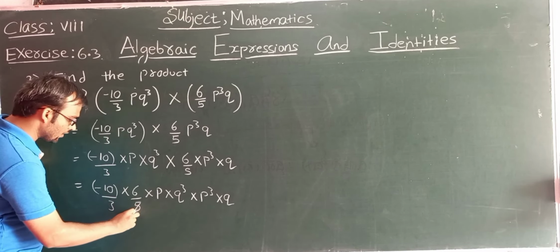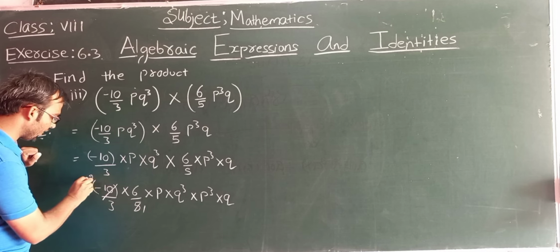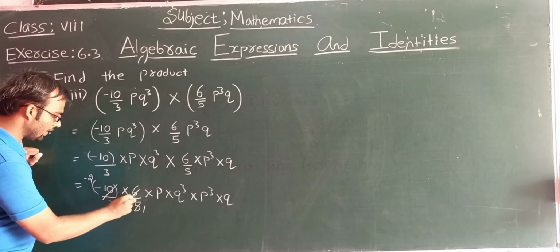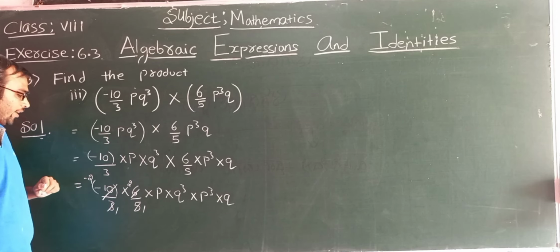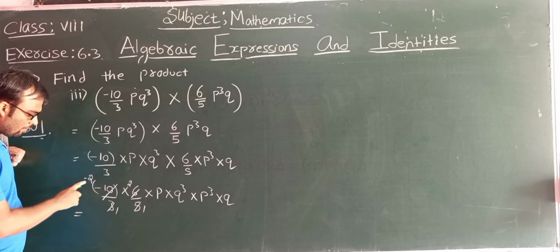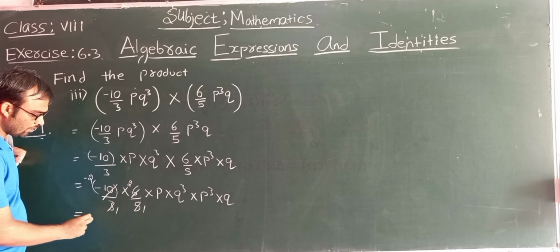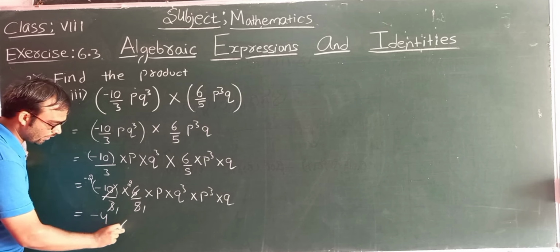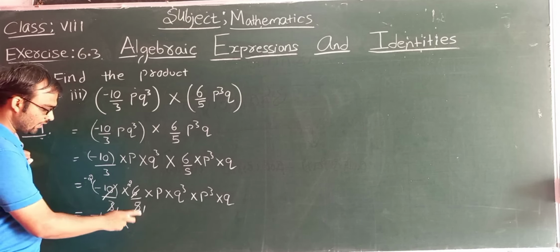Now you can cancel this. 5 ones are 5, 5 2s are 10, as it is here minus, so write minus. 3 ones are 3, 3 2s are 6. So here we have cancelled this, and what we are getting? Minus 2 into 2 is what? Minus 4. Everywhere 1 is there, no?